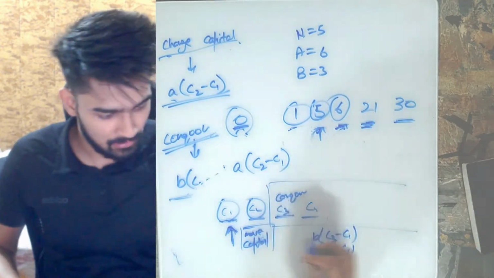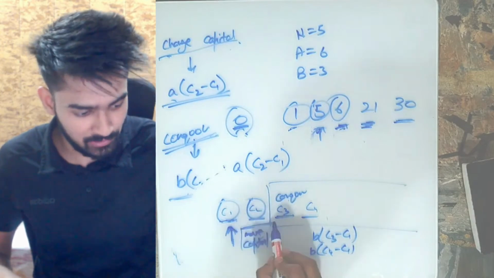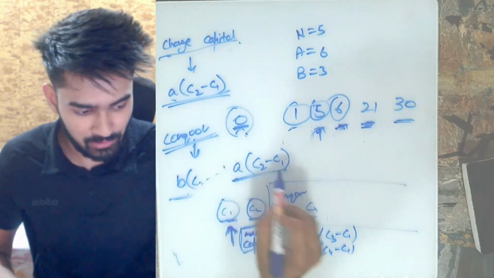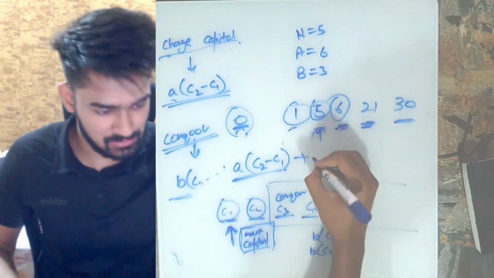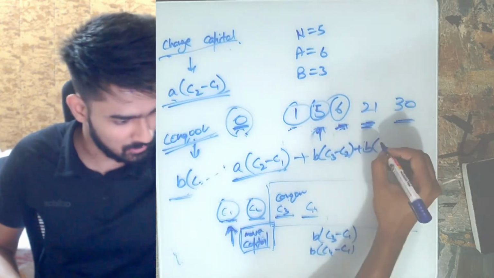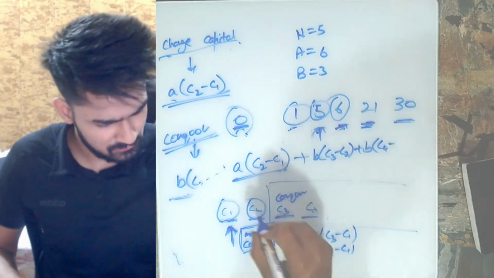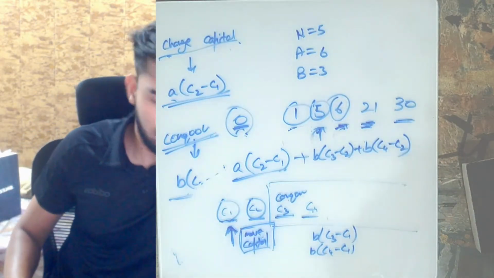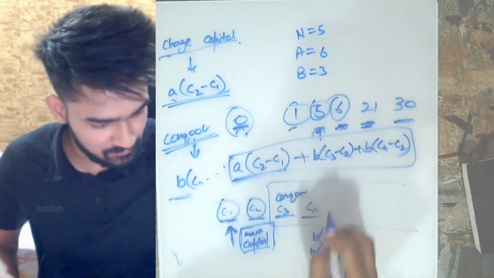But if we had moved our capital here, first the cost of moving plus conquering these two, which is B times C3 minus C2 plus B times C4 minus C2. What if I subtract this value and this value?